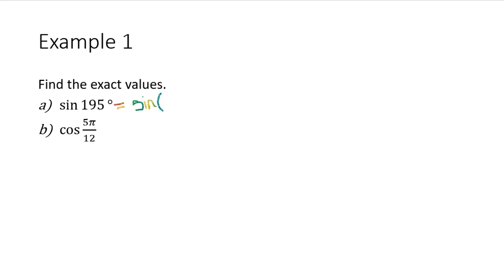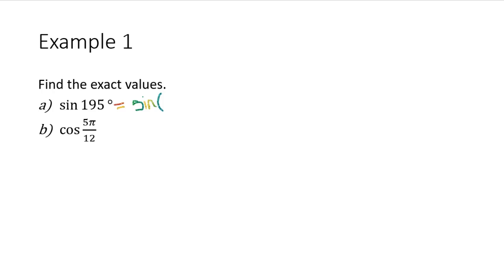Now there's a lot of different ways you can combine angles from the unit circle, so any one combination is not necessarily the correct one, because we should all arrive at the same answer as long as we have angles that add up to 195 degrees.